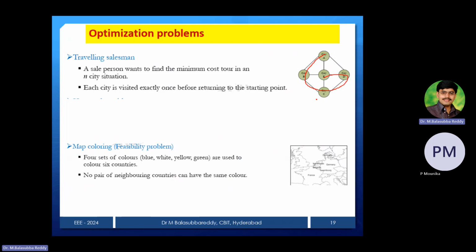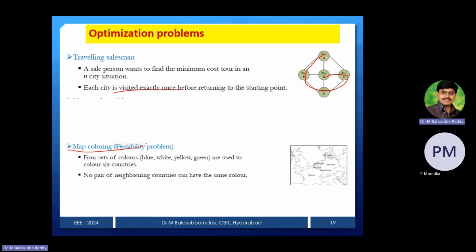Based on our distances, where to go first, we can observe things. Once we are able to identify the shortest path, that is the optimization problem. Each city is visited exactly once, it cannot be visited twice, so that the cost is minimized. That is one problem.